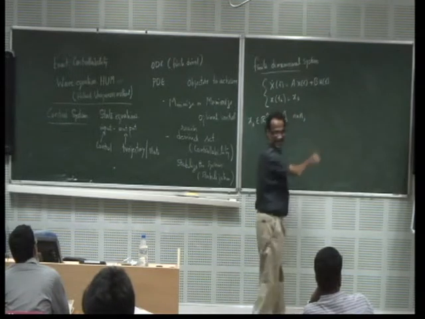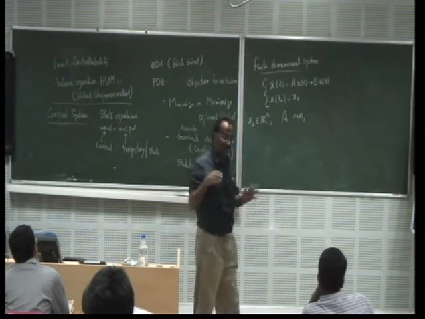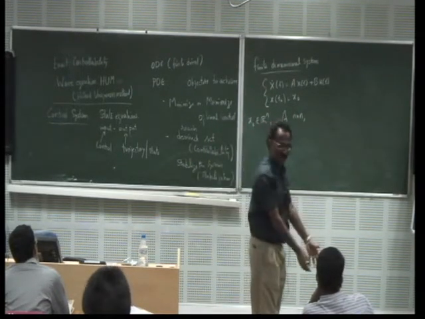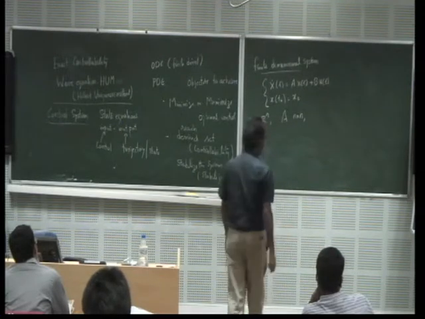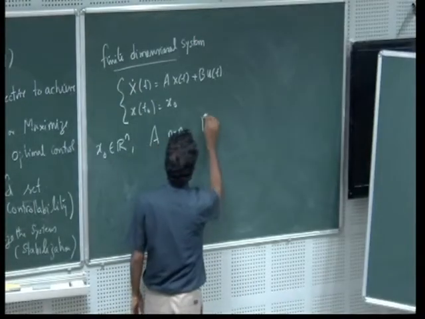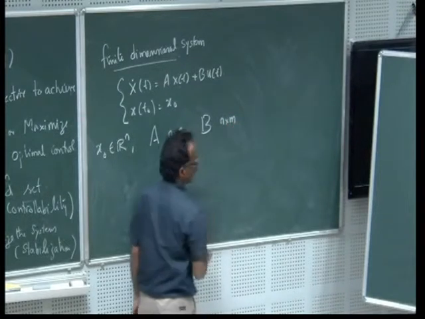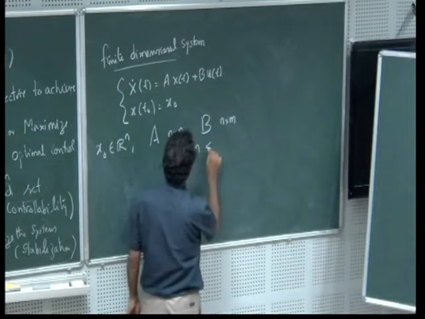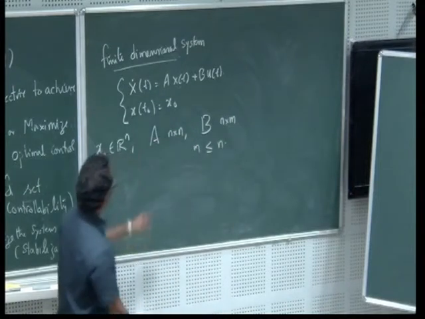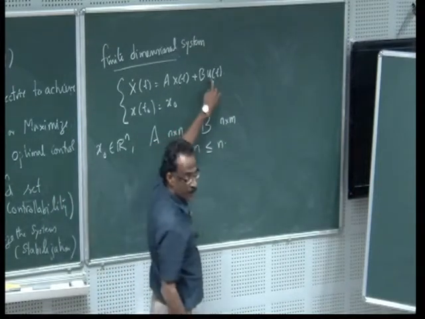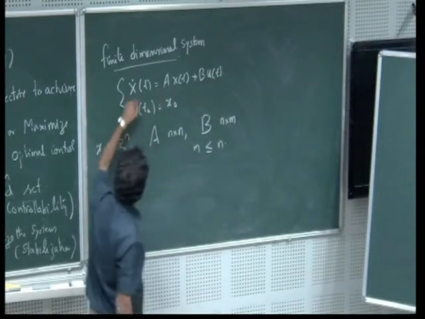You will see that example. And it's also not necessarily true that even if you give n controls, you will achieve controllability. In general, B is an n by m matrix with m less than or equal to n. That indicates there will be m controls on the system. So this is an n by n system.